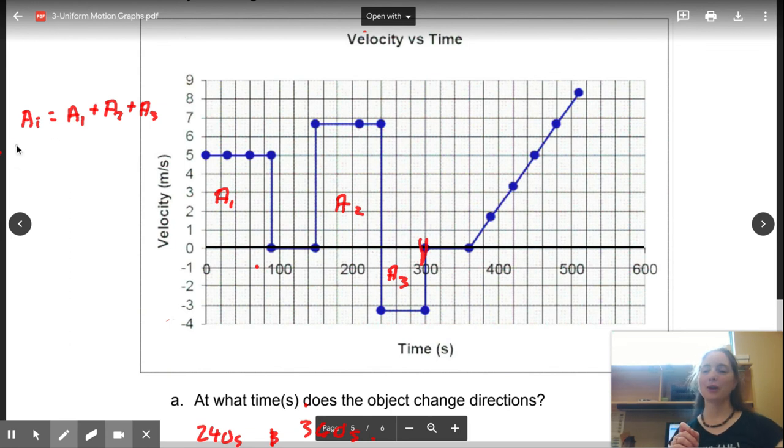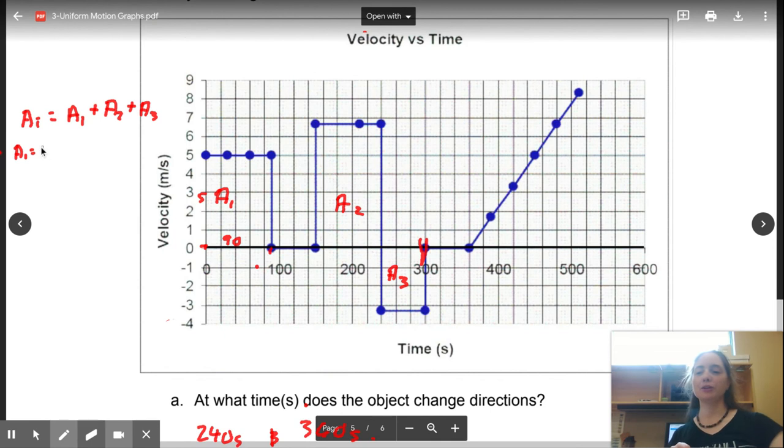Okay, so area 1, ladies and gentlemen, well, area 1 is our length times our width. So 0 there, okay, to over here, well, that's 90. Okay, so that is 90 there, and here is going to be 5.